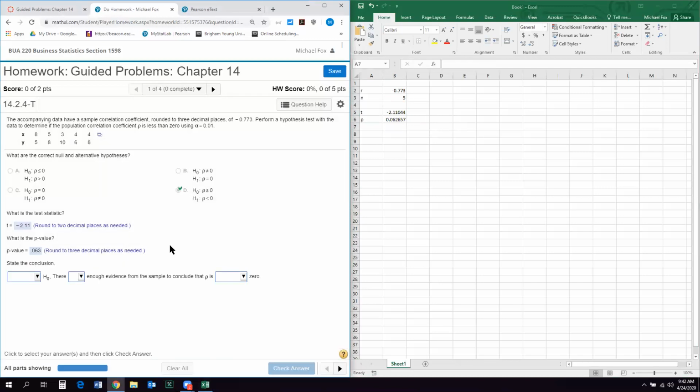And then here's the part where I always screw it up, because it's super easy to get confused when I talk myself through this. All right, so state the conclusion. What are my choices here? Are we going to reject the null hypothesis or not? Our test statistic is a negative 2.11, our p is 0.06, and our alpha is 0.01.